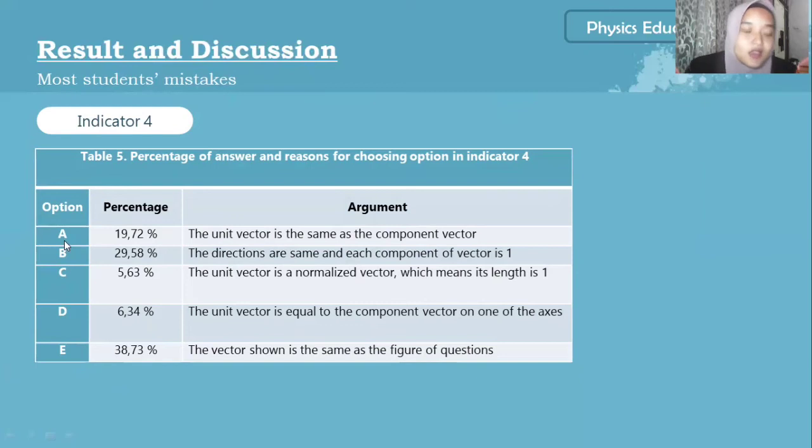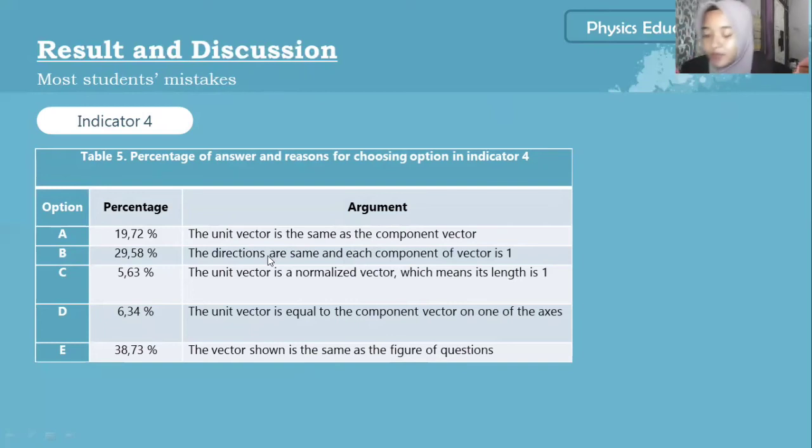The right answer is option C, but the option students most chose is option E. Why? Because the vector shown is the same as the figure in the question. And the second is B, the direction is the same, and each component of the vector is 1.